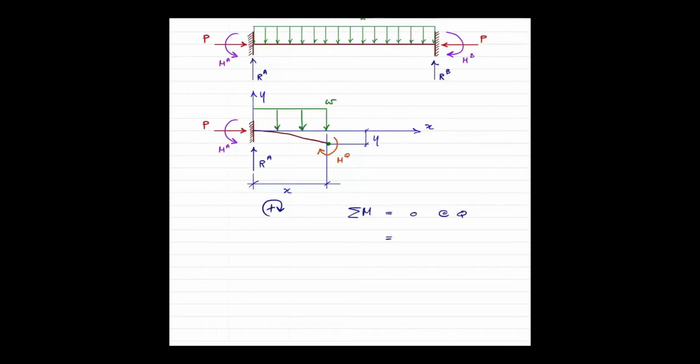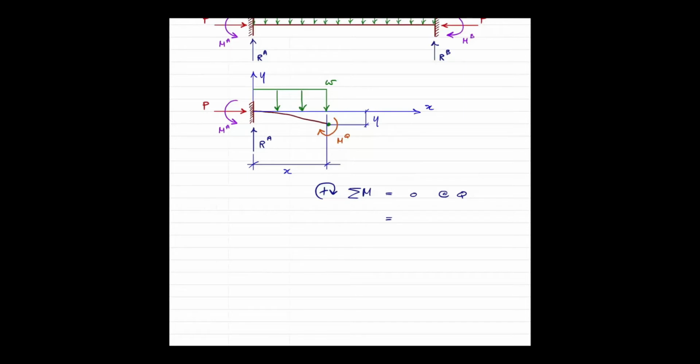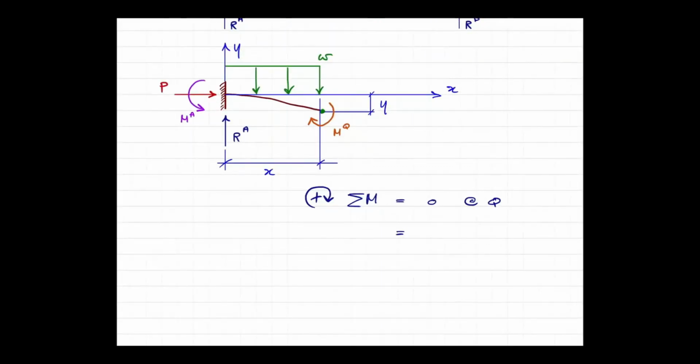But for now, if you want to say, I want this to be positive, fine, just go ahead. I used to set up a counterclockwise direction being positive, but let's do it this way this time. We have the MQ, which is going in a clockwise direction already, so we have the positive MQ. What else?